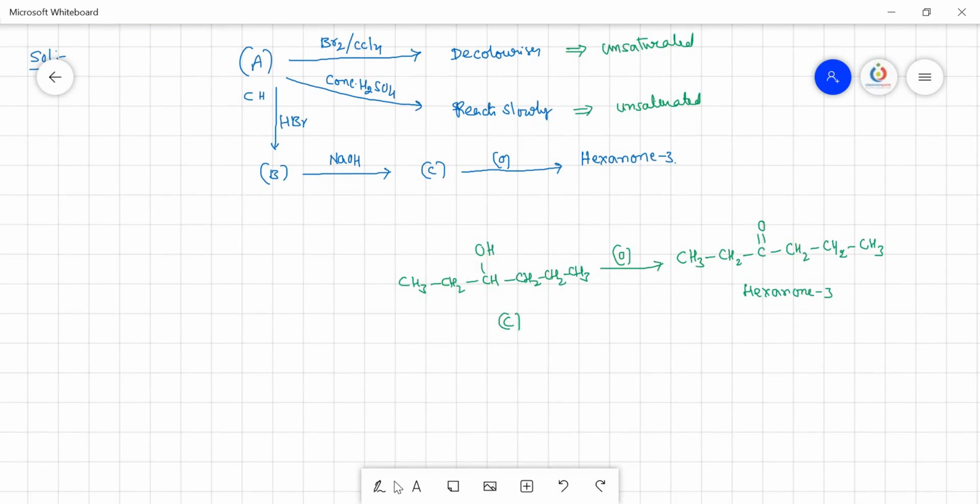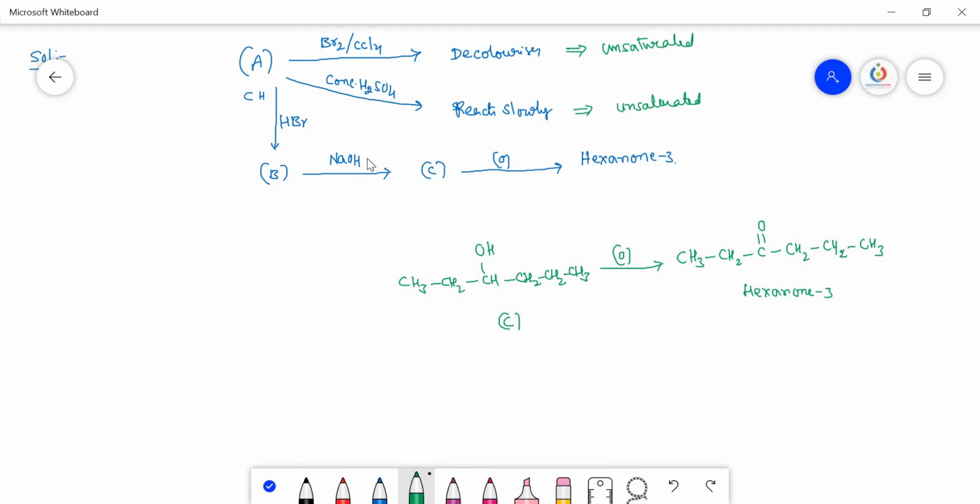Now this compound C is obtained from compound B by treating B with NaOH. So here OH is introduced at this particular place, which means some other nucleophile must have been present at this place. That nucleophile must be bromide, because A is treated with HBr, so a bromine has to come into the B molecule.